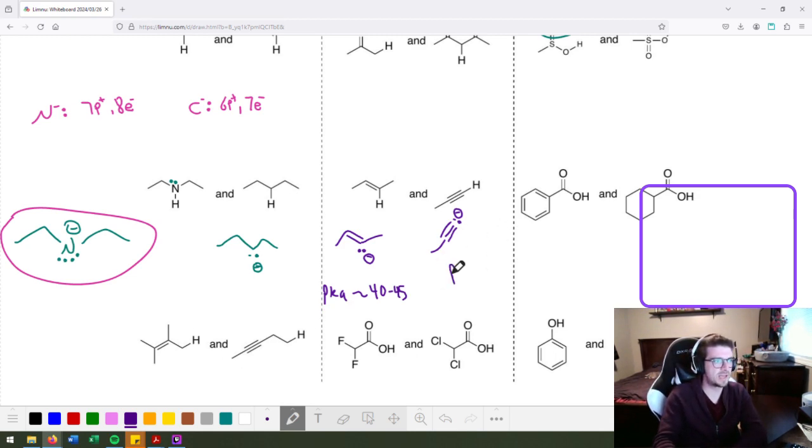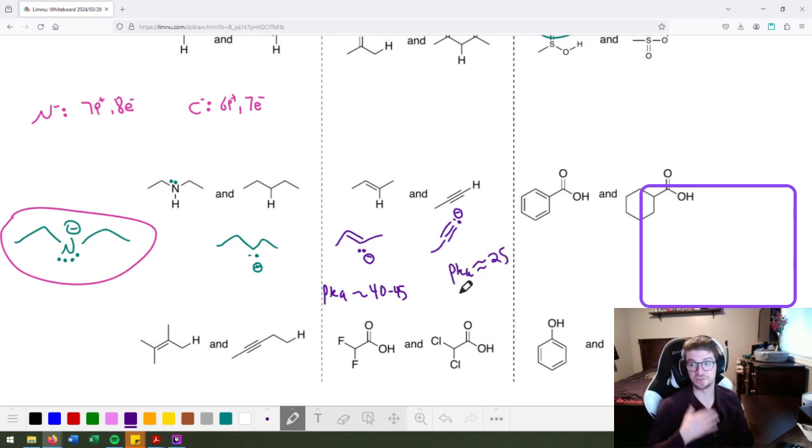Whereas the pKa of an alkyne is around 25, which is an enormous difference. Recall that the pKa scale is a logarithmic scale, so this is some 15 to 20 orders of magnitude more acidic. The proton on an alkyne as compared to the proton on an alkene.